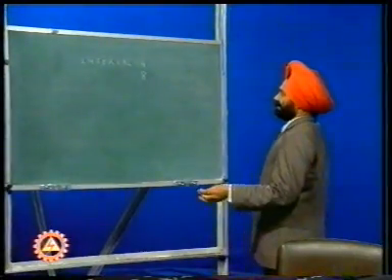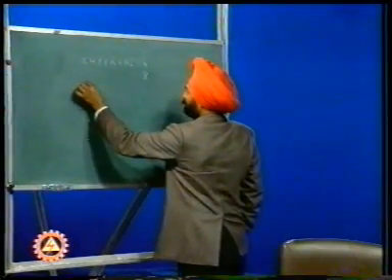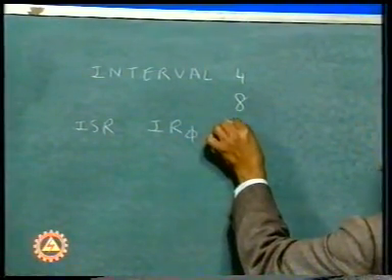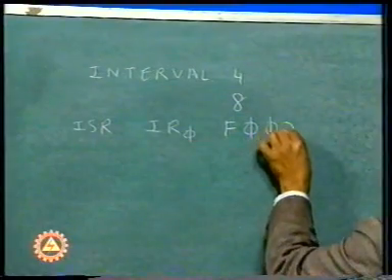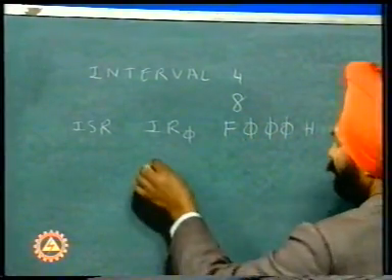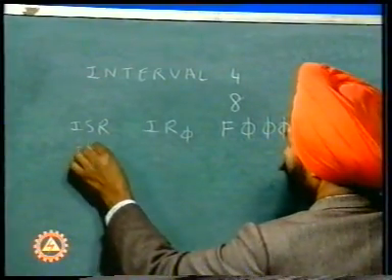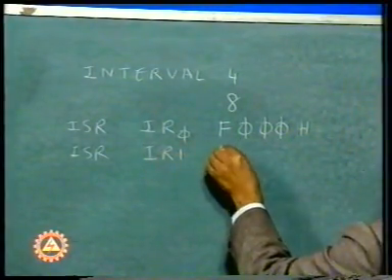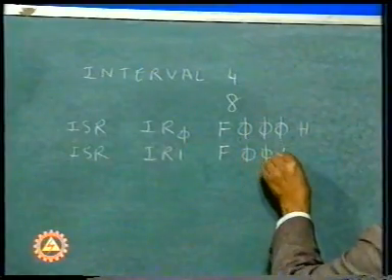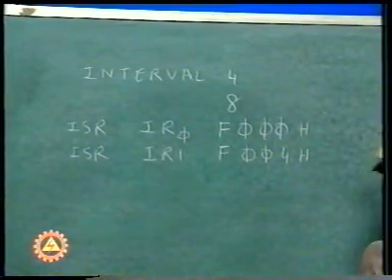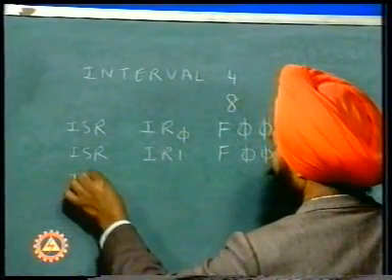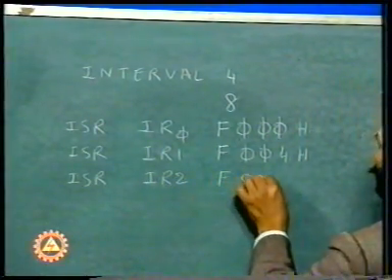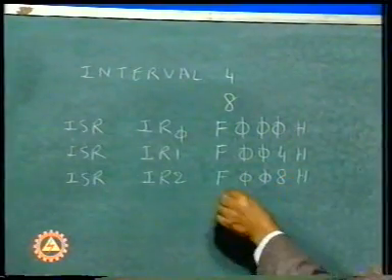That is, if the interrupt service routine corresponding to IR0 is placed at memory location F000H hexadecimal, then the address of ISR corresponding to IR1 will automatically be generated by the controller as F004H if we have used the interval of 4, and the address of ISR for IR2 will be F008H and so on.